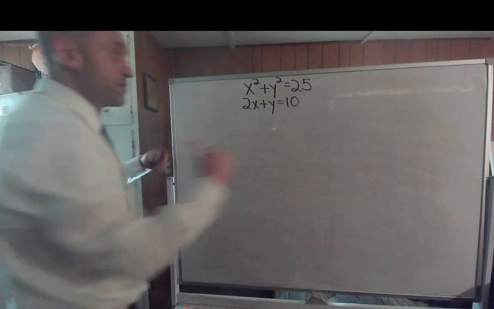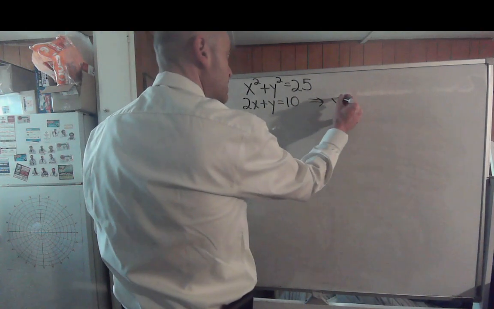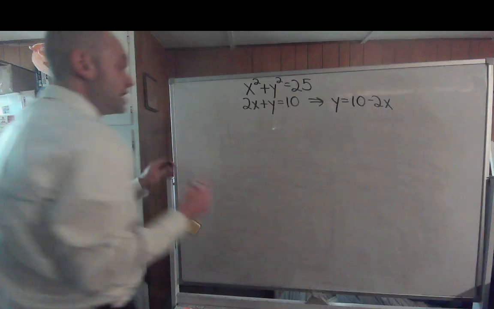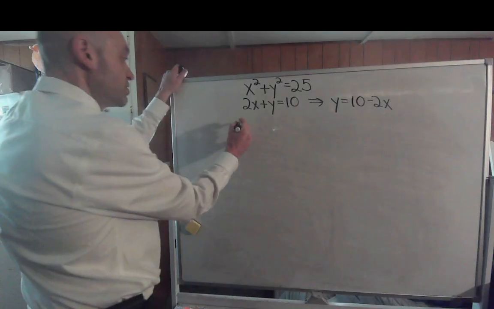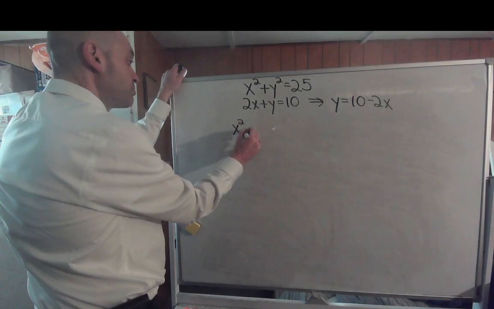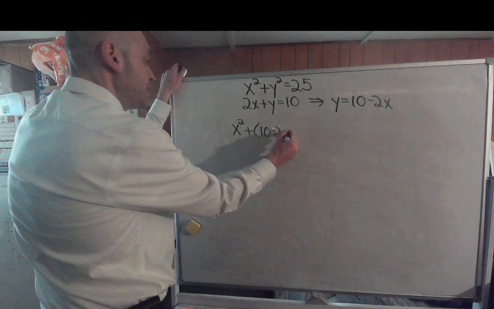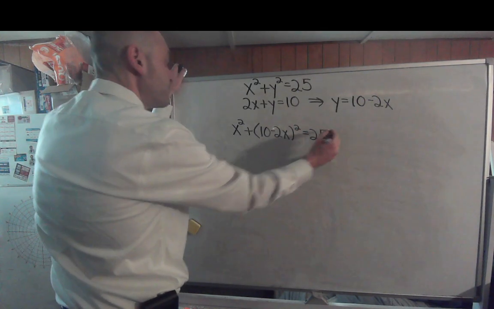Easier to substitute for y. So that means that y is going to equal 10 minus 2x. Now we can go ahead and substitute that into the first equation. So you'll end up getting x squared plus the quantity of 10 minus 2x squared equal to 25.